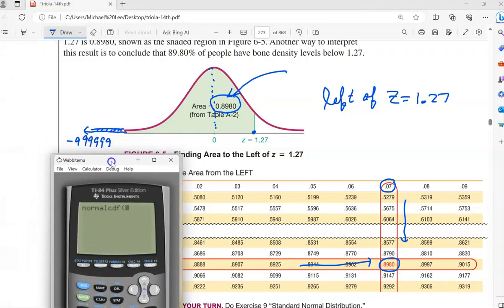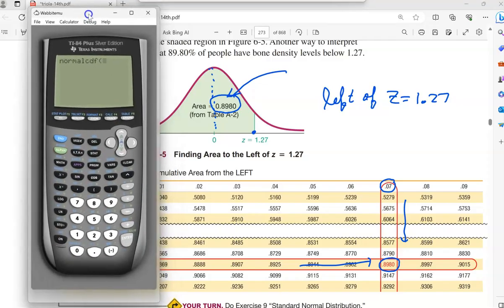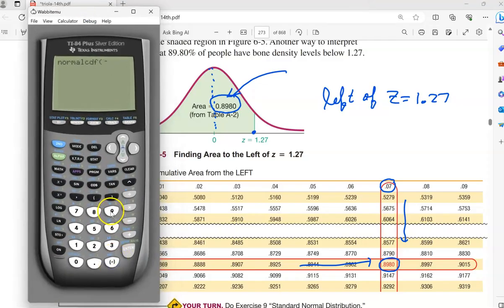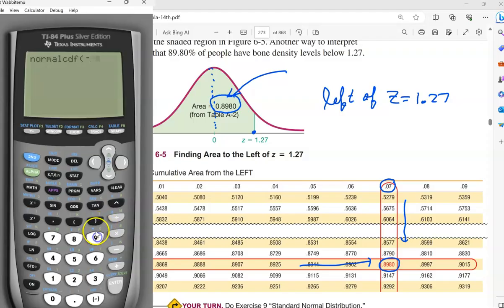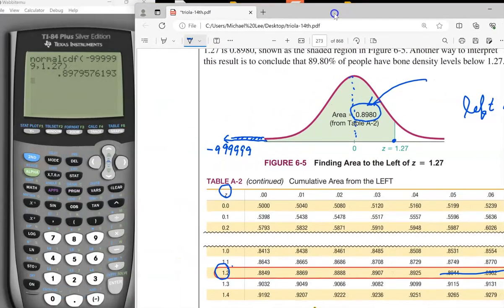In this case, the smallest number is -99999, the left number. And then comma, and then the right number is 1.27, close parenthesis, and hit enter. What number do you see?